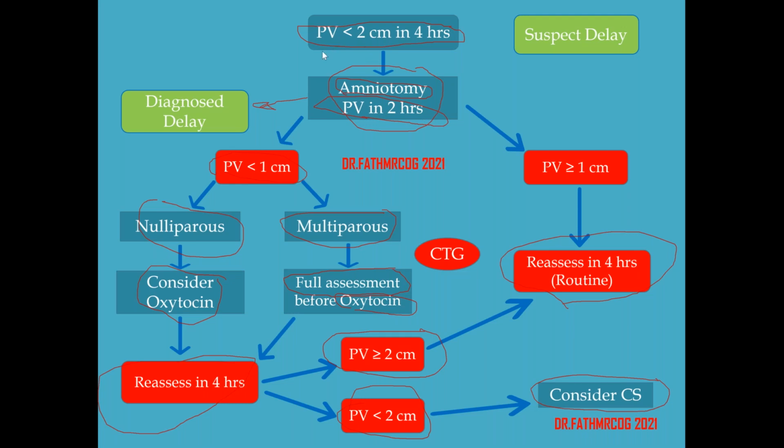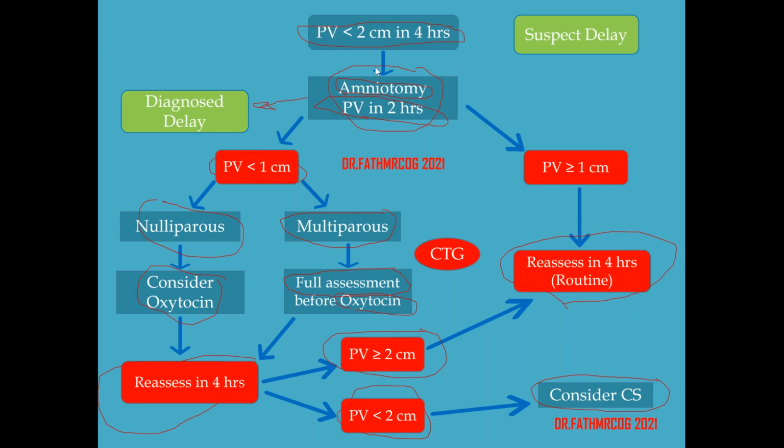In suspected delay we already counsel the patient about amniotomy, and if the membrane is intact, we will do membrane rupture. And PV in 2 hours. So that means we will not confirm the delay only by repeating the PV in 2 hours, and then do amniotomy.